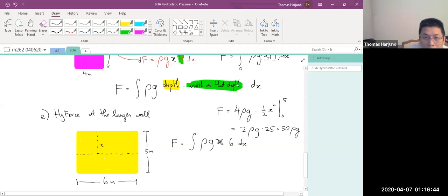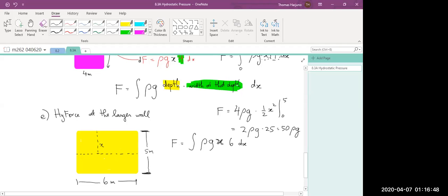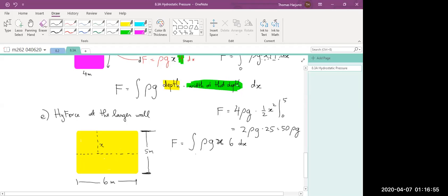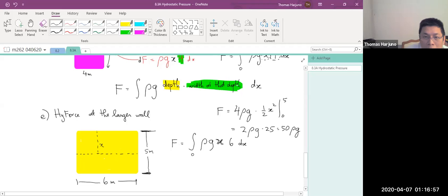Now, x will be moving from what to what? Your x will start from here down to here, right? Now, your x here is what? What is the depth at the surface? 0. And at the bottom it's 5. At the bottom of the wall, that will be 5 meters depth.